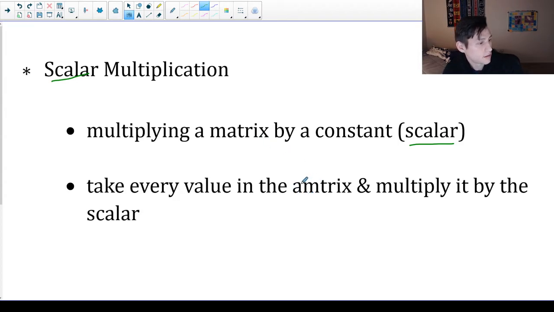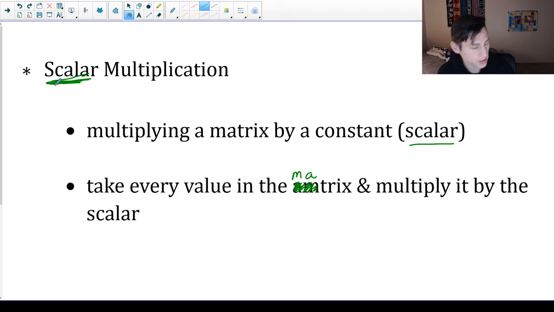If we do that, take every value in the matrix and multiply it by the scalar. We do have to specifically call this scalar multiplication because for matrices we have different kinds of multiplication, right?